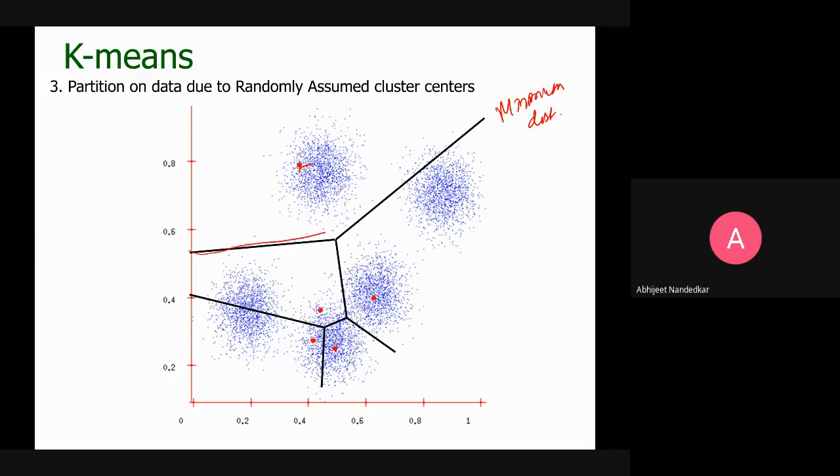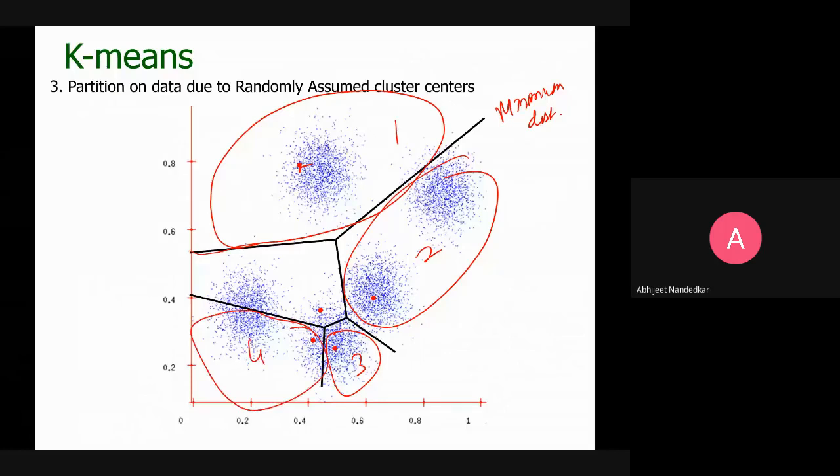So this becomes group number 1, this becomes group number 2, this is group number 3, this whole thing is 4, and this whole thing is 5. So now the space is divided into 5 groups as per our requirement.